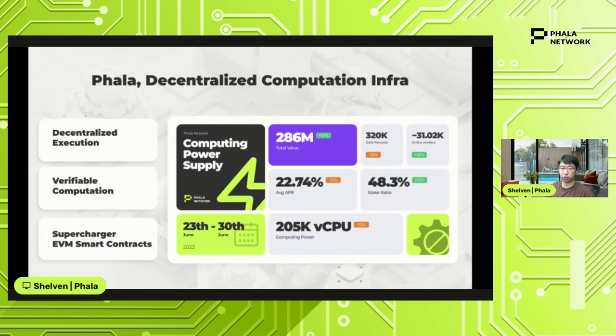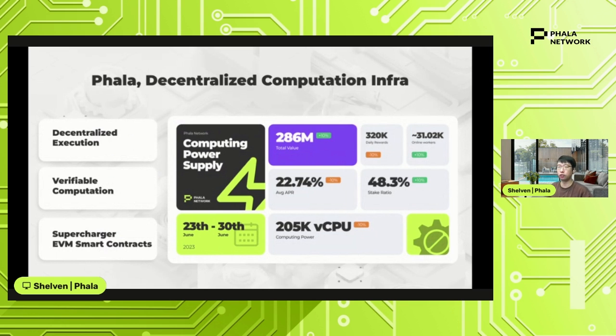I think this is very important for those projects who really serve their customers, because the customers don't want their data to be frozen forever. So here, Phala now is one of the biggest TEE networks in the world. We now have over 31K online workers, and this is still increasing.